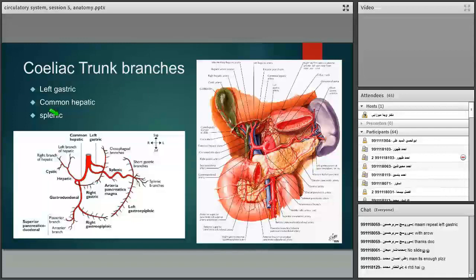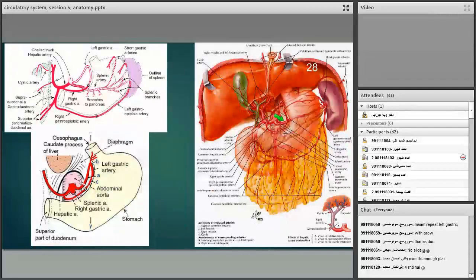celiac trunk is the splenic artery. The splenic artery is going to the left side and sending some branches to the pancreas and also will enter to the spleen. Look at here, will enter to the spleen.